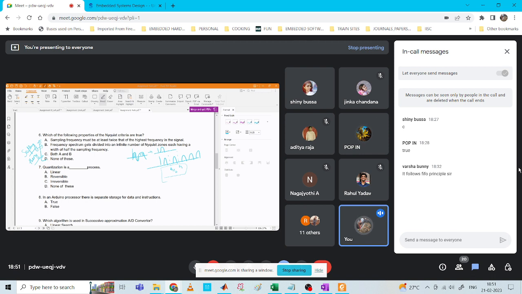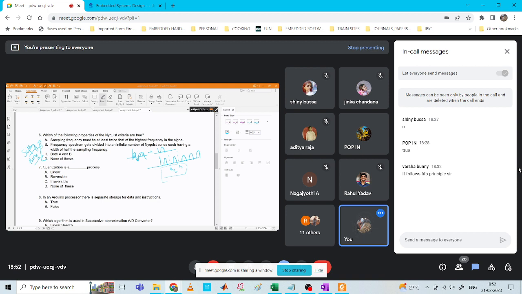Let's say 1.3 also becomes 1. 1.2 also becomes 1, right? So 1.3 becomes 1, 1.2 also becomes 1. If I give you this number 1, you will not be able to tell me whether it was originally 1.3 or 1.2. So that is the reason it is an irreversible process.